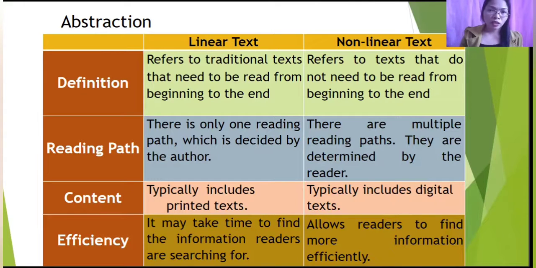So from the definition, linear text refers to traditional text that needs to be read from beginning to the end, while non-linear text refers to texts that do not need to be read from beginning to the end. And when it comes to the reading path, there is only one reading path for linear text, which is decided by the author, while for non-linear text, there are multiple reading paths. They are determined by the reader.